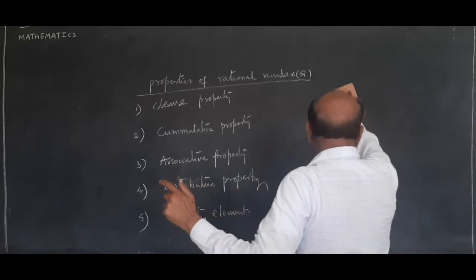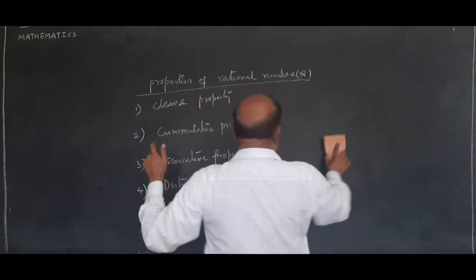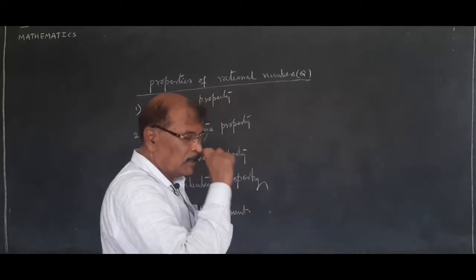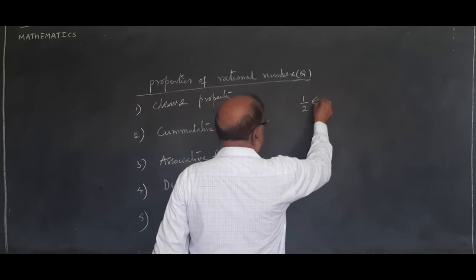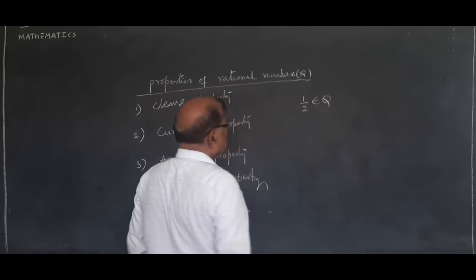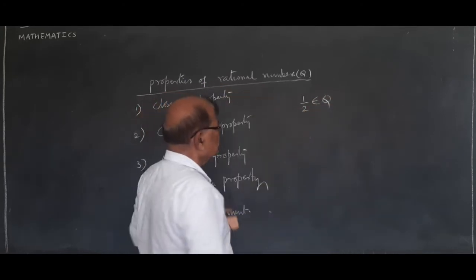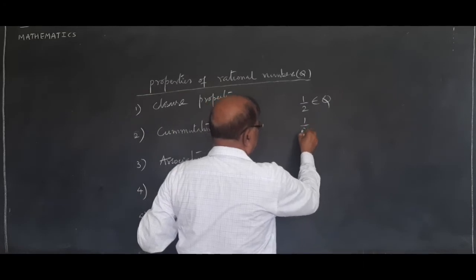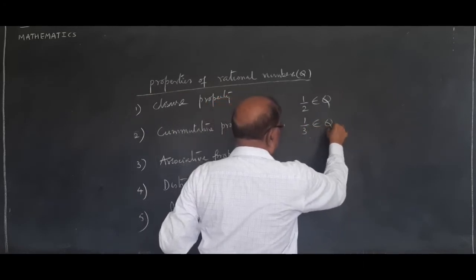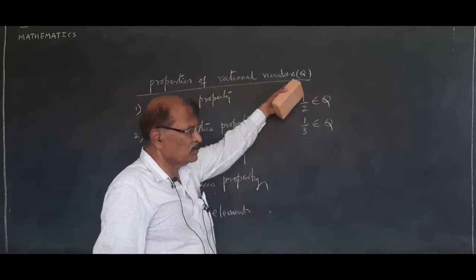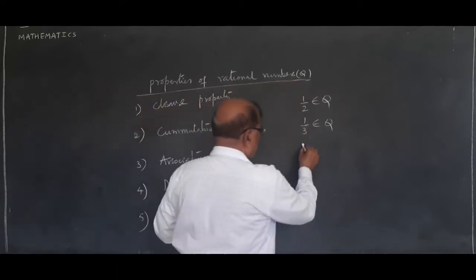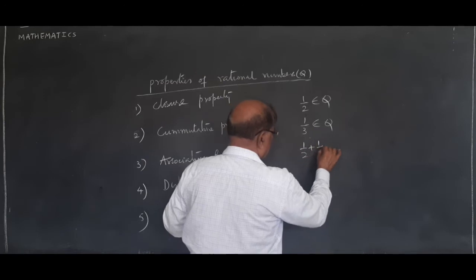Similarly, let us see the closure property in addition for rational numbers. 1 by 2 belongs to Q, rational numbers. 1 by 3 belongs to Q, that is rational numbers. Add these two, 1 by 2 plus 1 by 3.